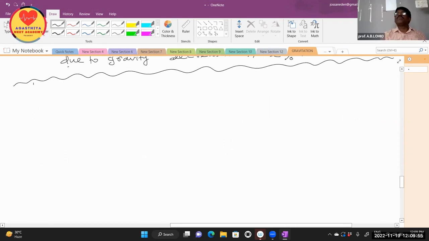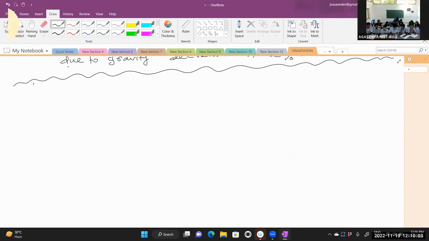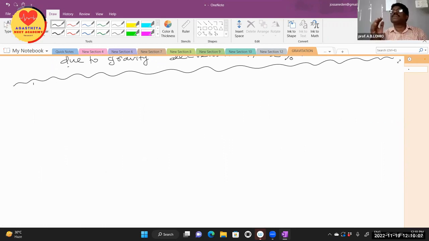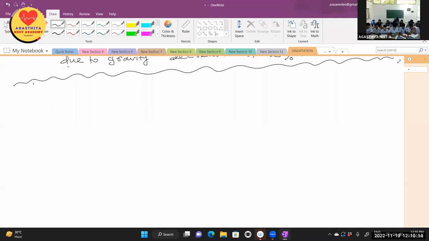Next, we are going to discuss the variation of acceleration due to gravity with respect to the altitude and the depth. At the surface of the Earth, the acceleration due to gravity will be maximum. It will go on decreasing when you move vertically upward.